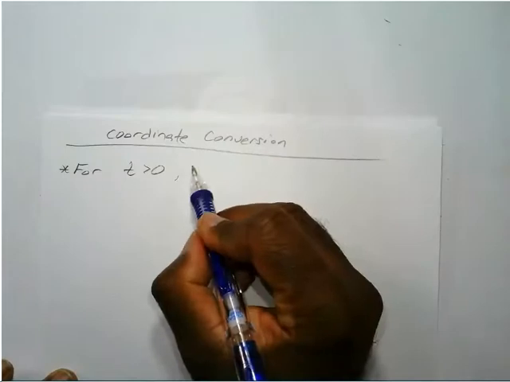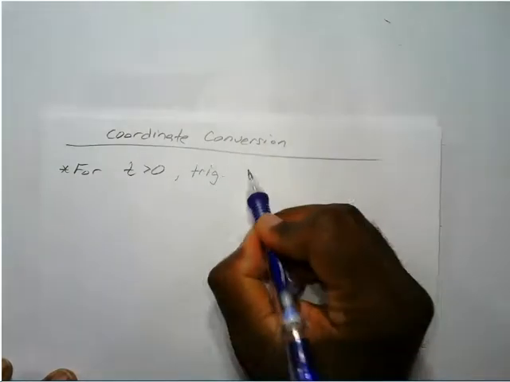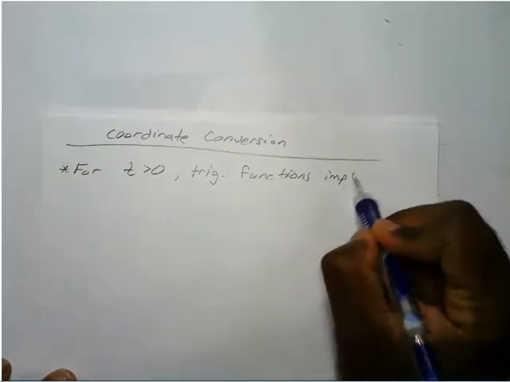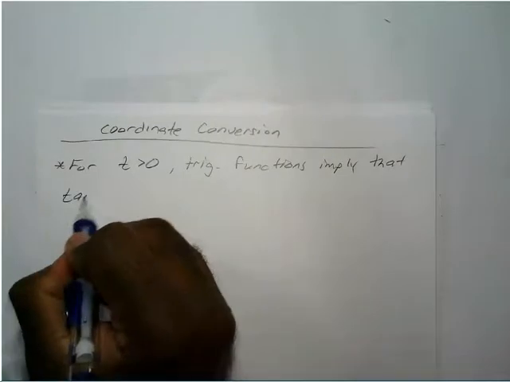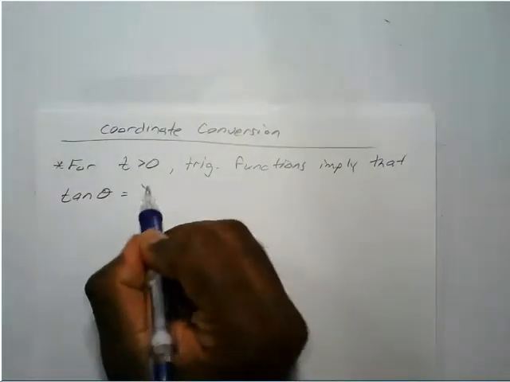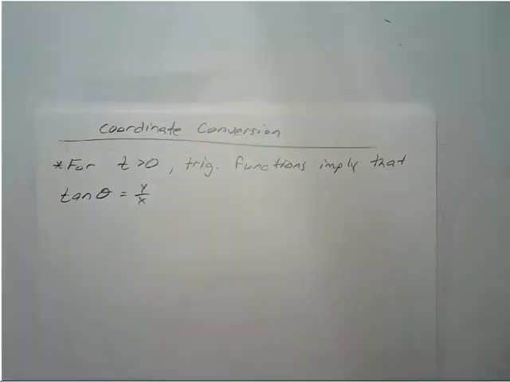Okay. So for any value of t greater than 0, you have trigonometric functions that imply that tangent is sine over cosine, or y over x. You found that out from trig.